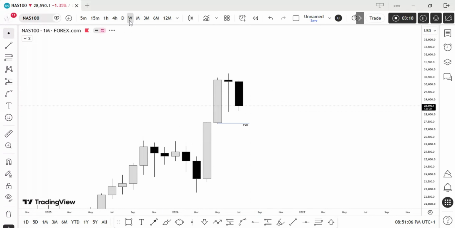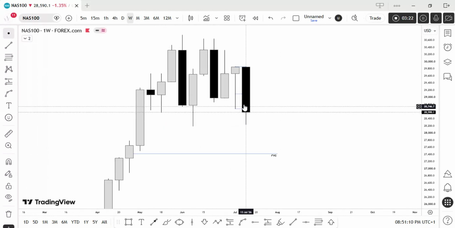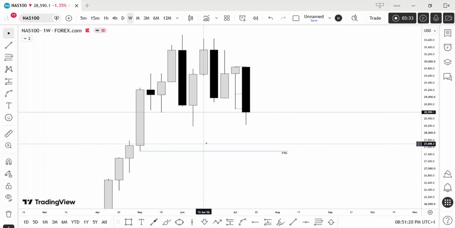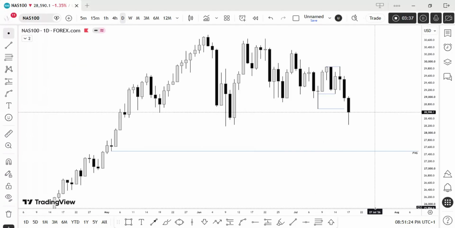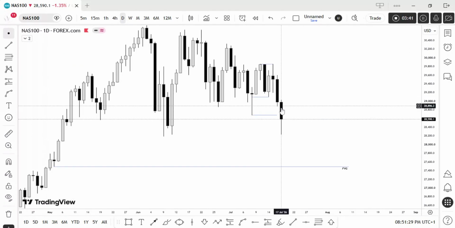Weekly, our weekly time frame had a bearish candle closure last week. This FVG here on the weekly time frame is also aligning with the one we have on the monthly time frame. So now on the daily time frame, which is where I always prefer to, we had our recent lower low.